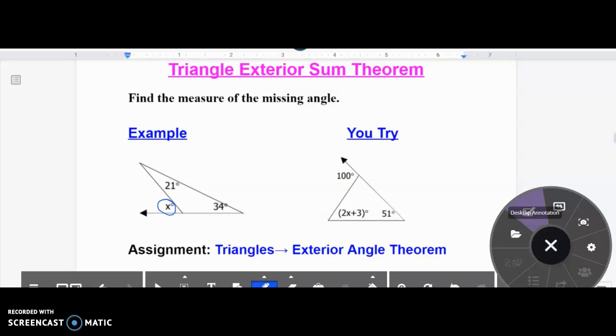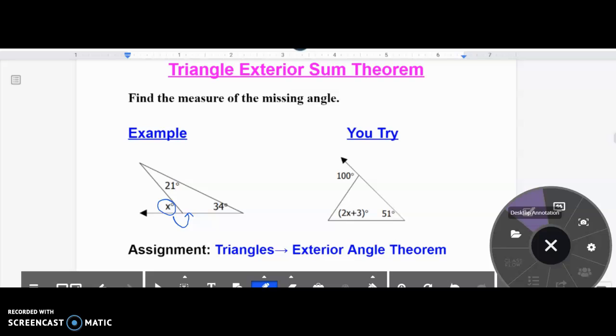Now, this is the trick. The first thing you should do is identify the angle that is in the exterior, okay? And then notice that the angle that is right next to it will not be used, okay? Now, according to the theorem, we must add the two angles that are remote from it, okay?